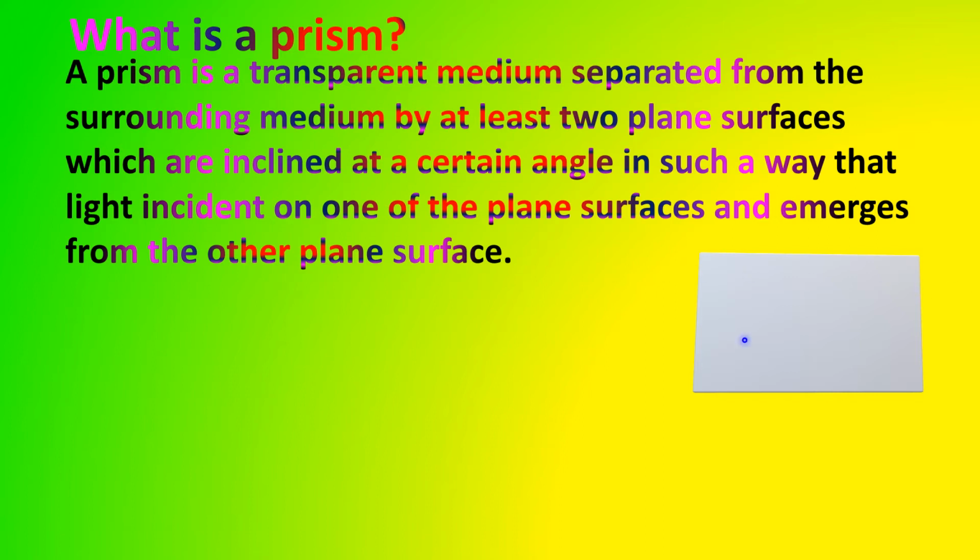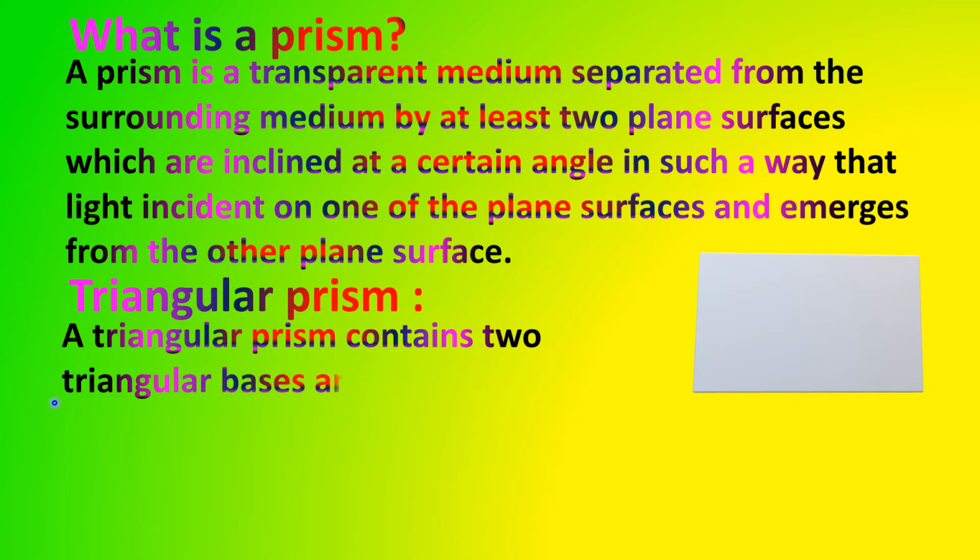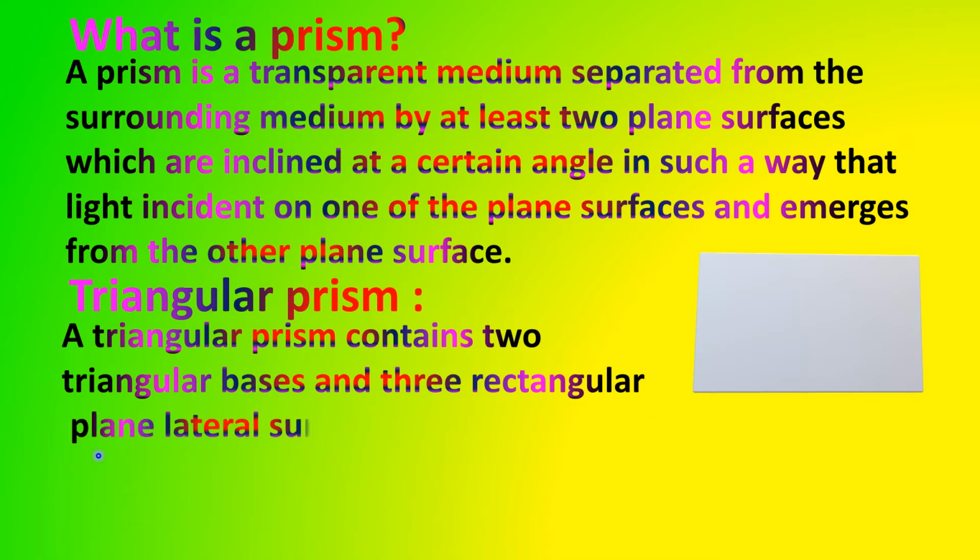So then what is a triangular prism? See, a triangular prism contains two triangular bases and three rectangular plane lateral surfaces. So this is called the triangular prism.